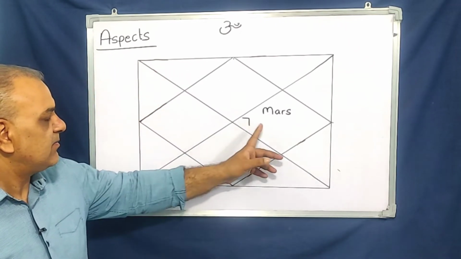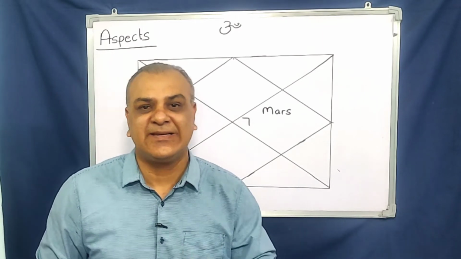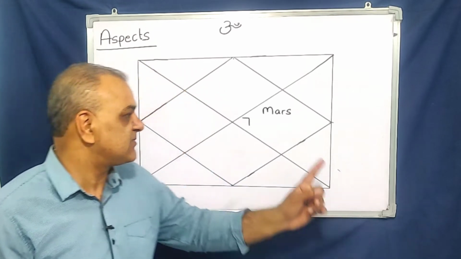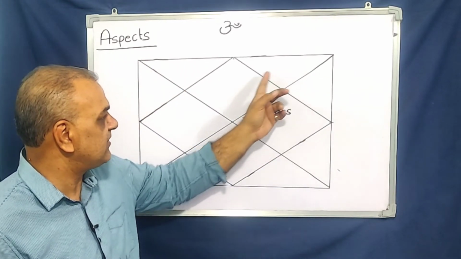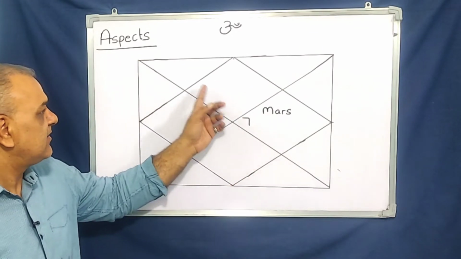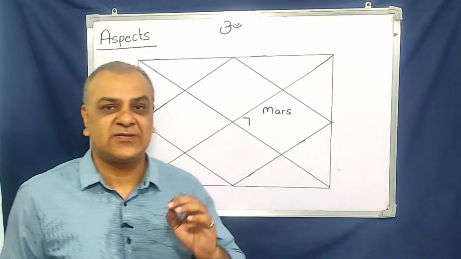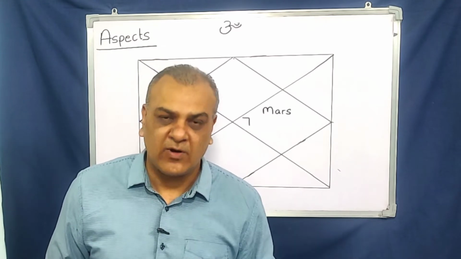So Mars is placed here, and Mars has 3 different aspects. From the house where it is placed, like it is placed in the 10th house, from here it will aspect 1, 2, 3, 4. This is his 4th aspect. Then 5, 6, 7. On the 4th house it will throw its 180-degree aspect, which is common for all planets.